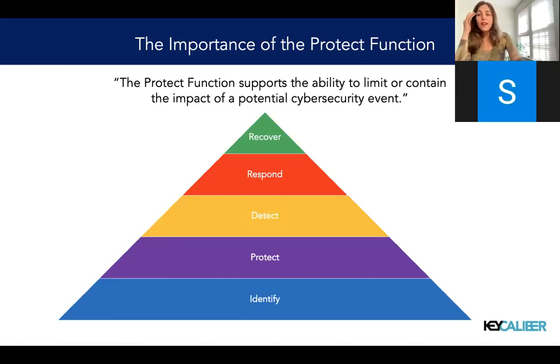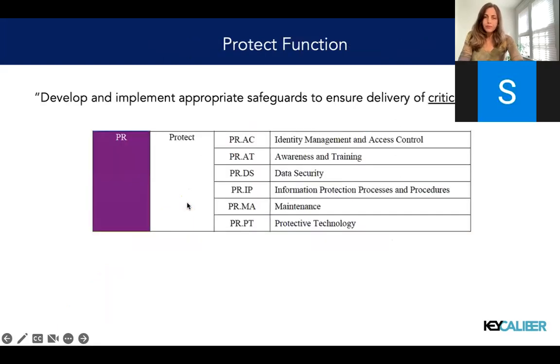If you don't have identify done well, then your protect function is not going to be operating at its optimal capacity. So the building blocks should be done in the order of taking care of the base first. And we'll see in a couple of instances when we talk about protect how identified data will play into it.